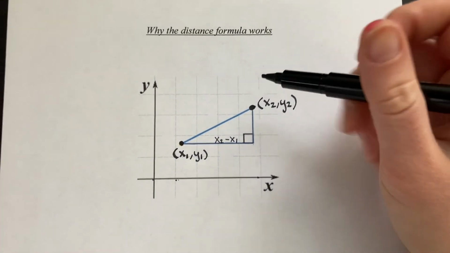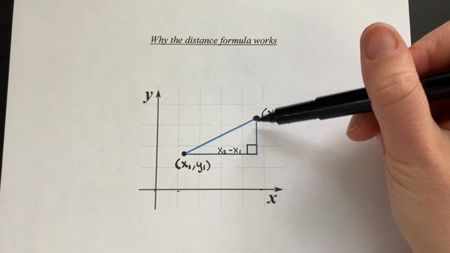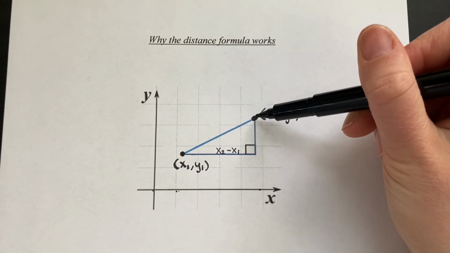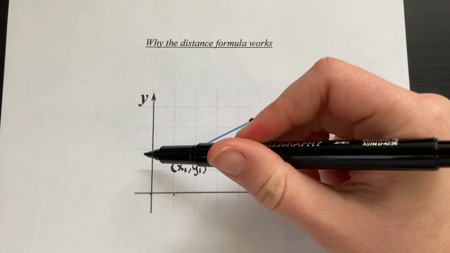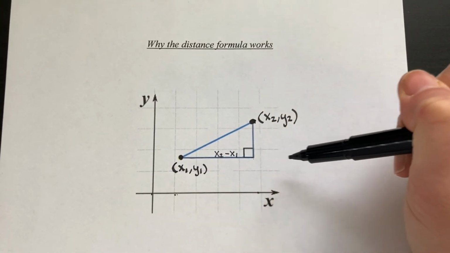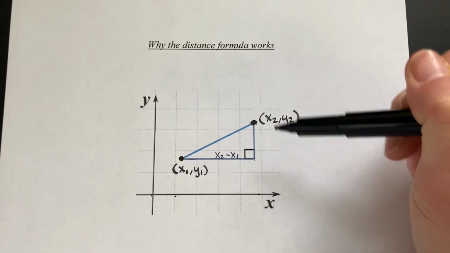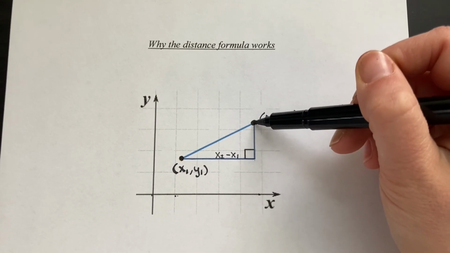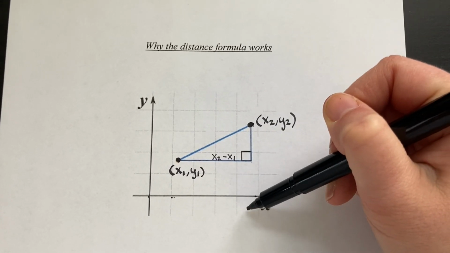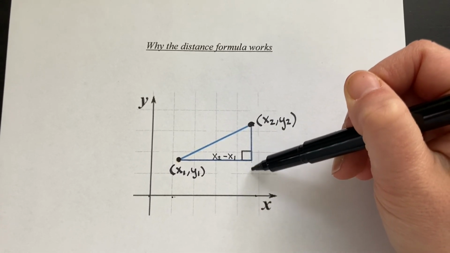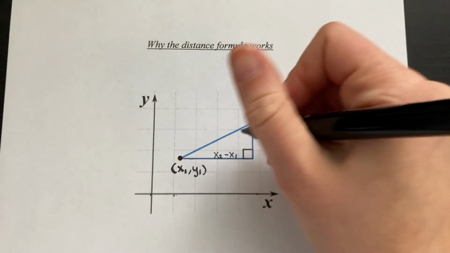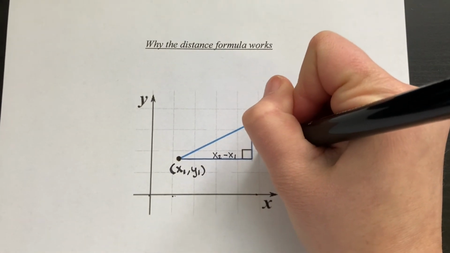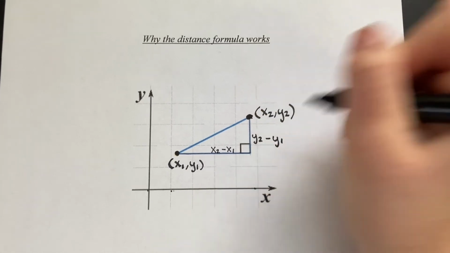Same argument for this side here: this is y2, and this line here is whatever y1 is. So this would be y2 minus y1.